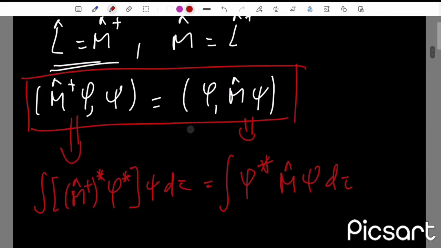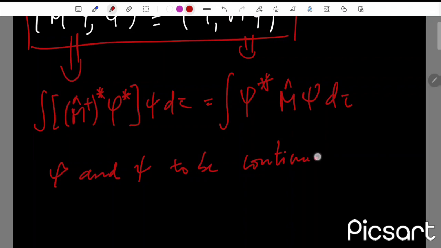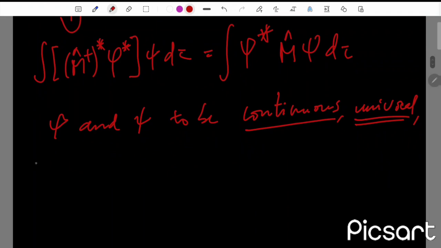Actually, when we define the inner product, we normally ask the functions phi and psi to be continuous, also on the whole space, also at infinity. They must be univocal, continuous, to give us the derivative of the function, univocal, which means that it must give us the probability density, and also must be finite at infinity, normally equal to 0.